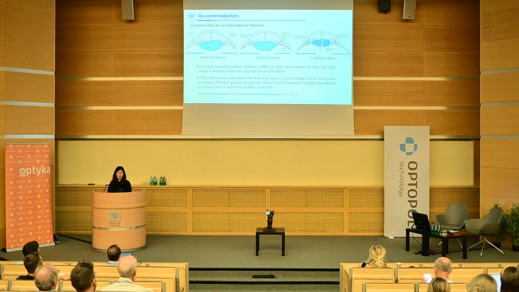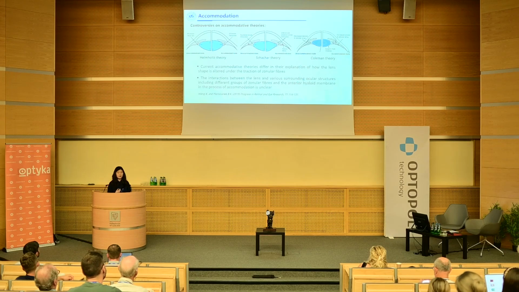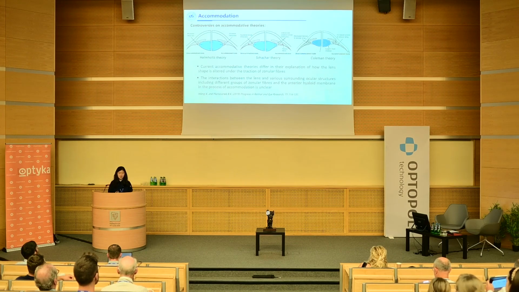For instance, the most well-known theory, by Helmholtz, says that all the zonules behave the same in changing the lens shape. They are all taut in seeing far, and all relaxed when the eye is seeing near. There's also the Schachar theory, which says that only the equatorial zonule is the truly active component in changing the lens shape.